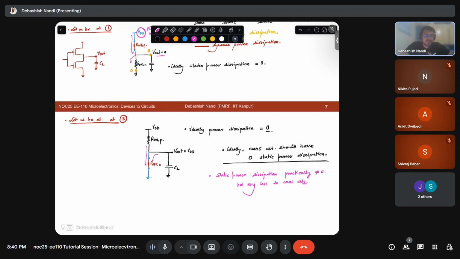This is one of the major reasons that in the 1970s and 80s the entire BJT game was dominated by or replaced by these CMOS circuits.